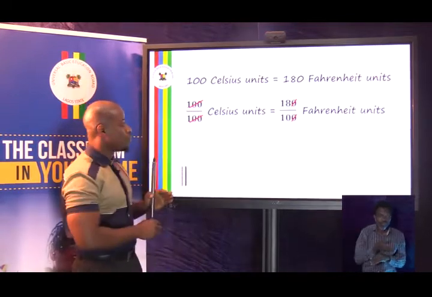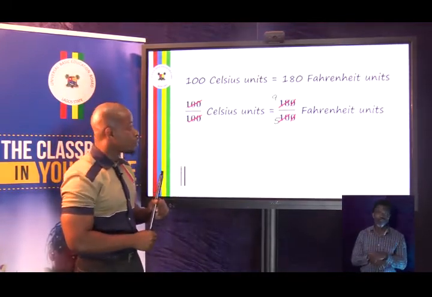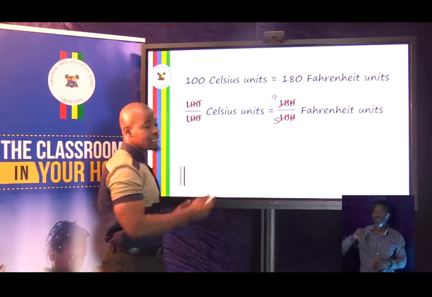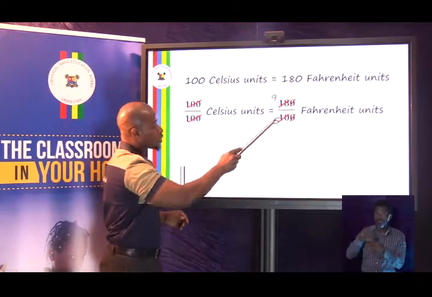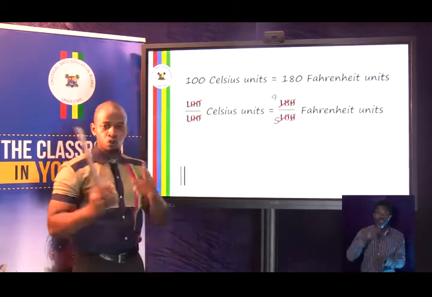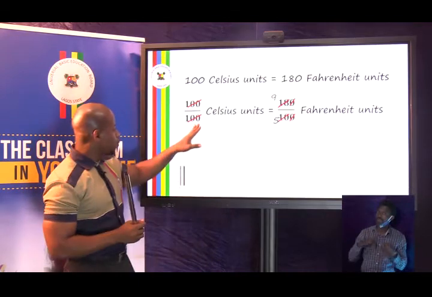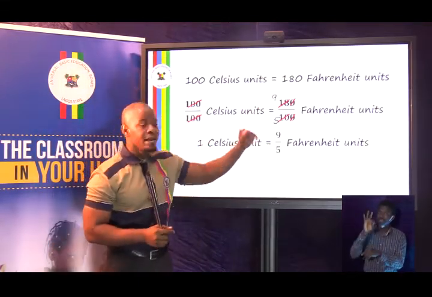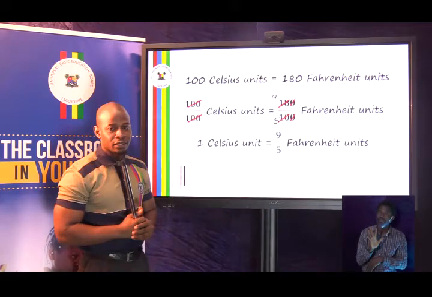Now I have 1 divided by 1. I have 1 Celsius unit here. But if I consider 18 and 10, I see that 2 can go. So 2 goes in 10 5 times. 2 goes in 18 9 times. So what do I have? I have 1 Celsius unit is the same thing as 9 over 5 Fahrenheit units.